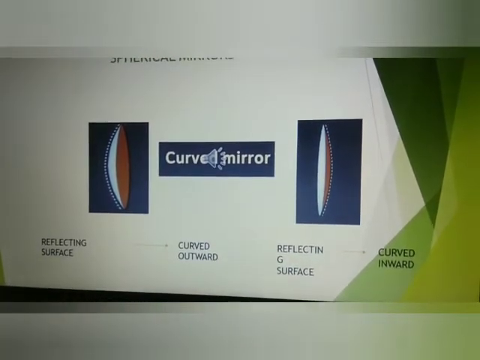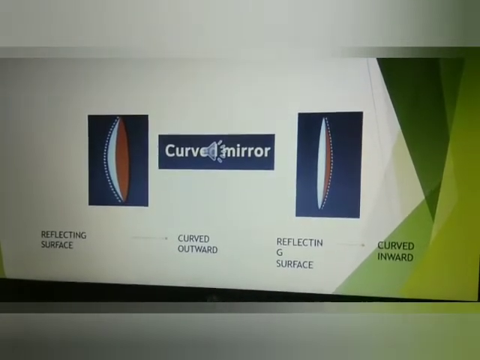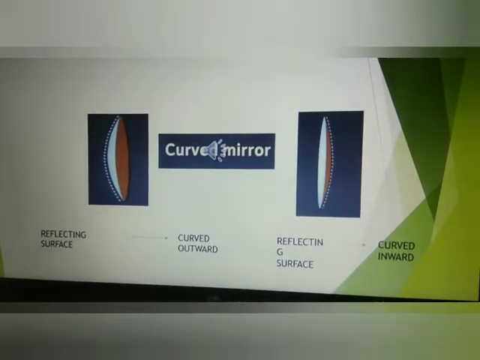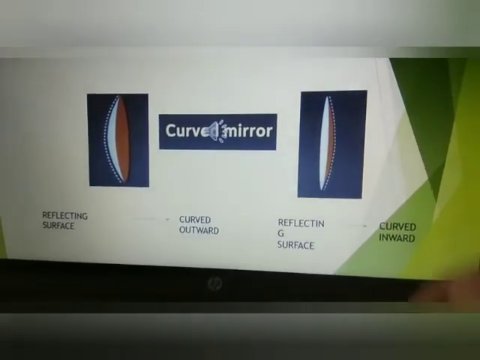So obviously now you can understand there are two types of curved mirror or spherical mirror. One which is curved outward is called convex mirror, and another which is curved inward is called concave mirror.